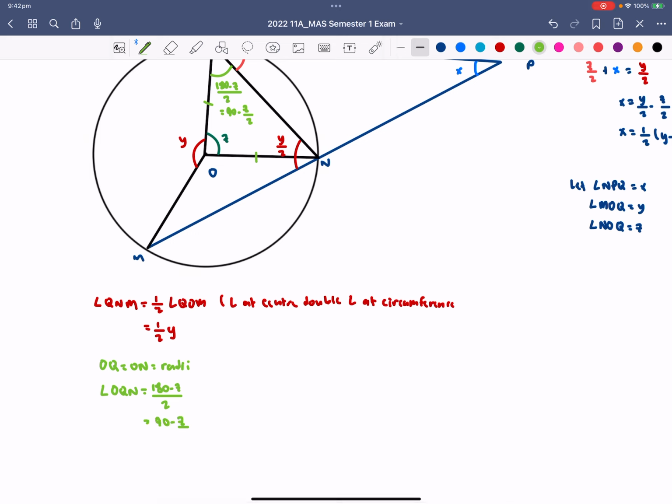The reason for this one was base angles of isosceles triangle.